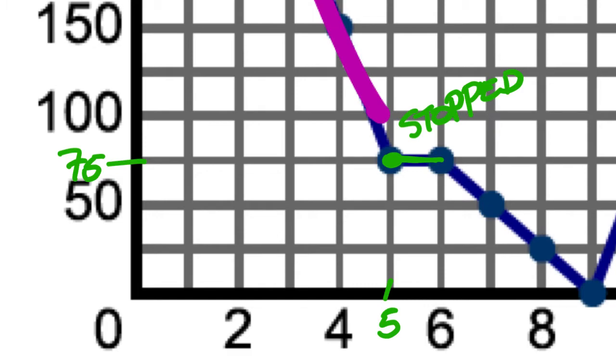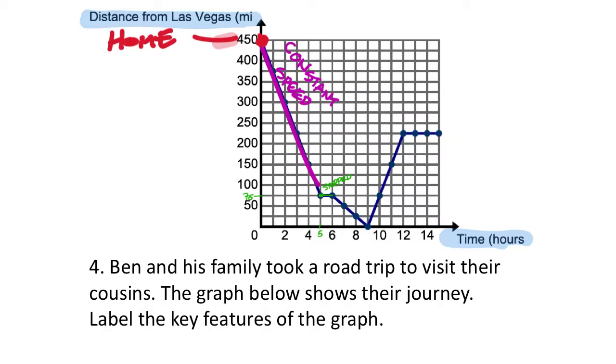And then this next part of the line right here, we see that it's not as steep as the purple line right here. So this means that they were not traveling as fast as they were before, but it's still a constant speed because it's still a straight line.